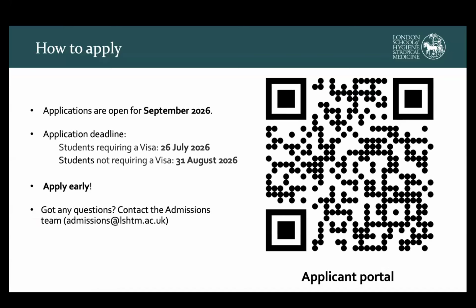If you visit the page, you can also see on the right-hand side an option to sign up to our newsletter. Please feel free to sign up, and we will share the latest information about the school, the program, and the scholarship, so you will receive the newest updates about funding and scholarship opportunities.